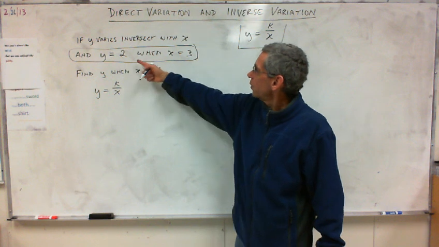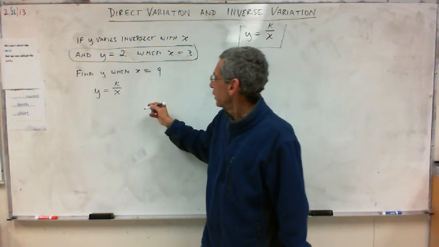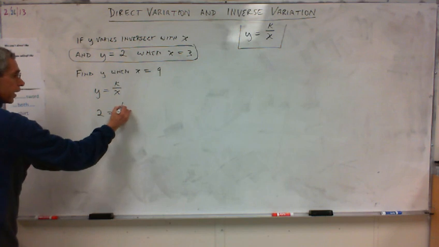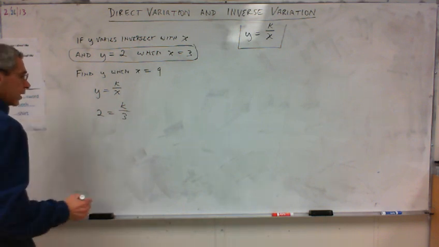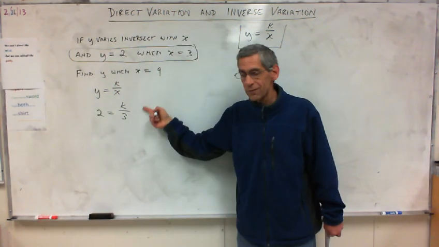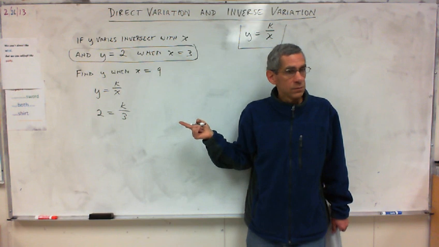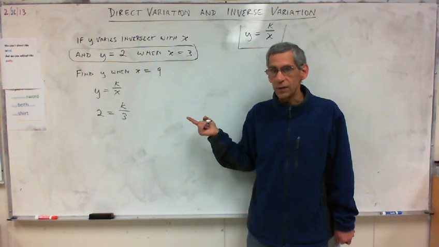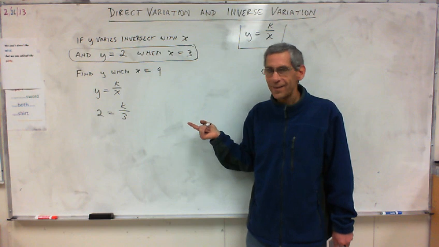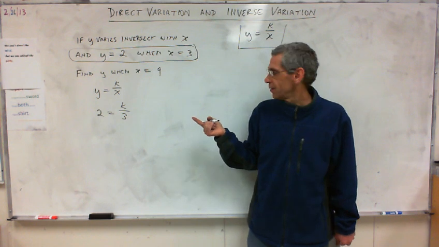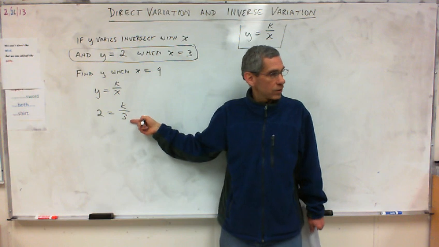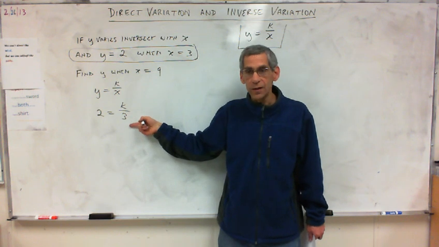Okay. So where are we? Y is 2 and x is 3, so I'm gonna replace that. Now, how would I solve that? Yeah, to get rid of a fraction, you always multiply both sides by the denominator, right?